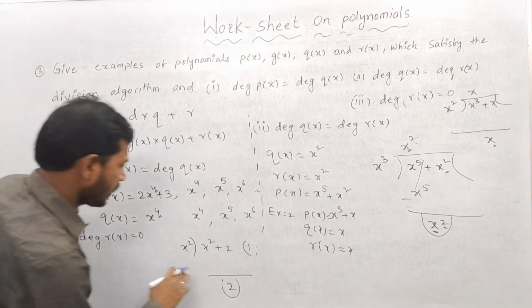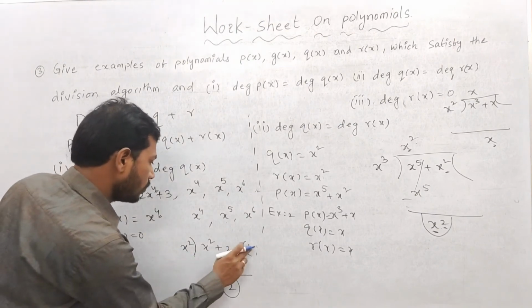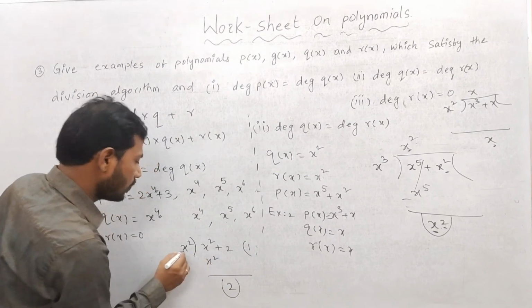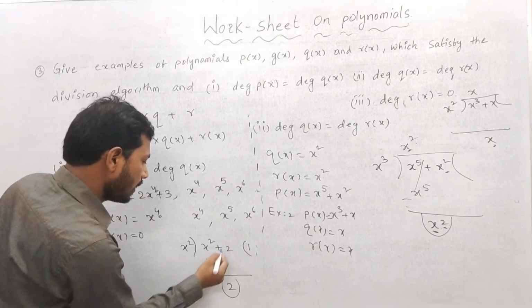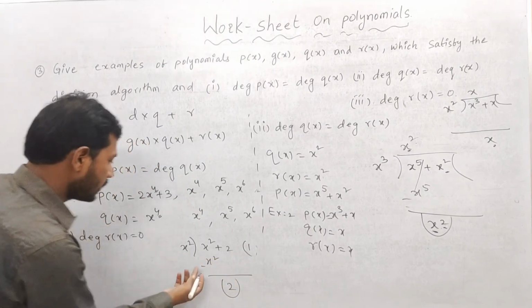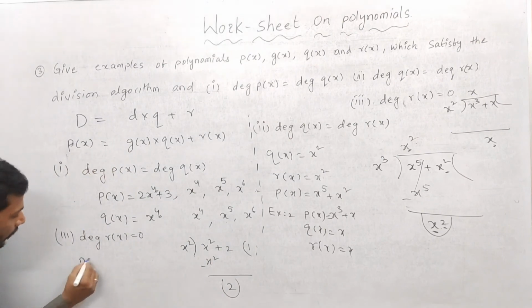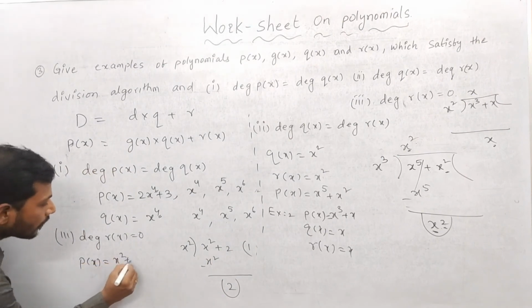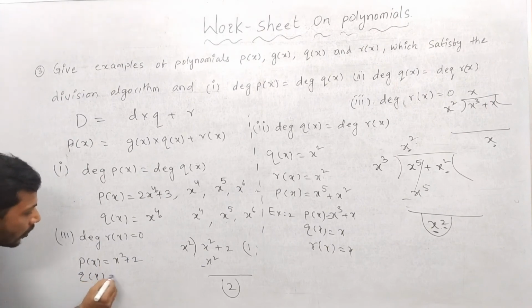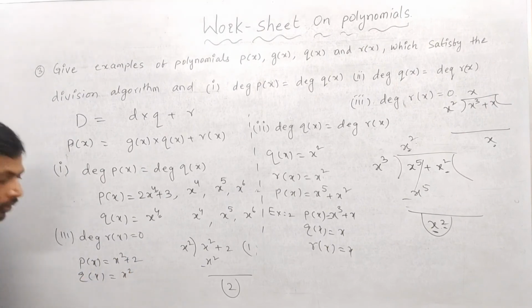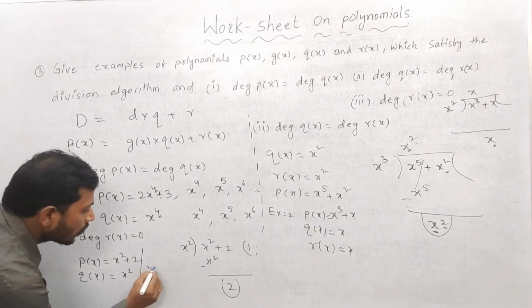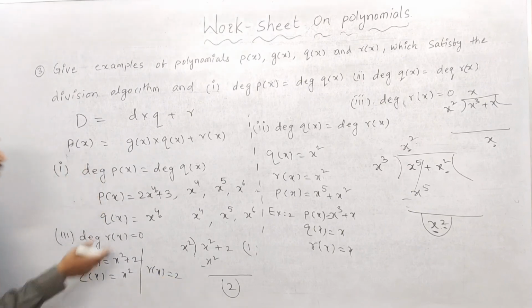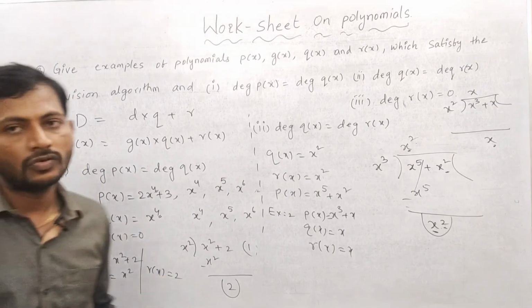Sorry, if you get confusion, I will do x square into 1, x square. Very good. More terms are not there. Then minus. Then the remainder is 2, correct. Then I am going to say P of x equal to x square plus 2, Q of x equal to x square. I hope you are able to see. And R of x equal to 2. Like this, you can write so many examples for this question also.